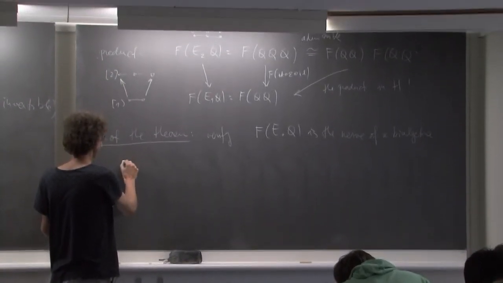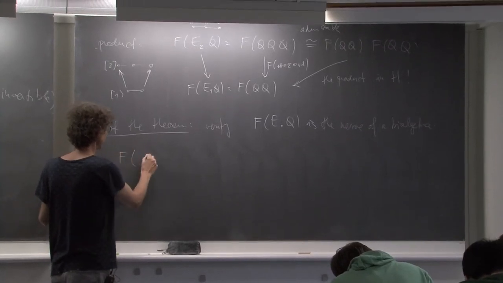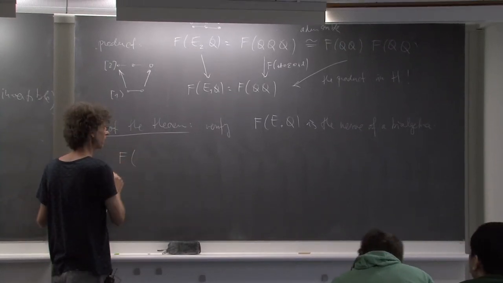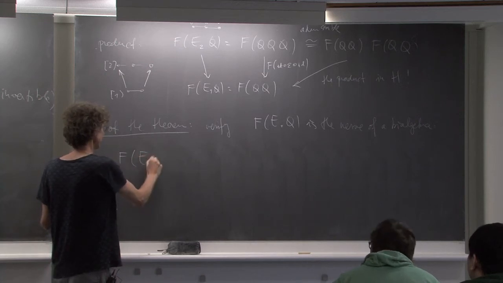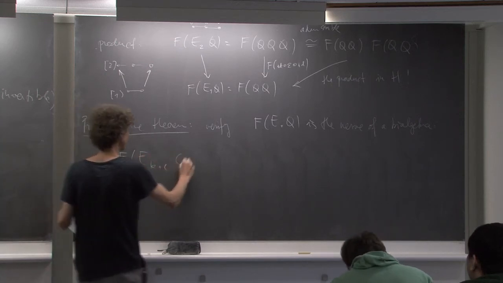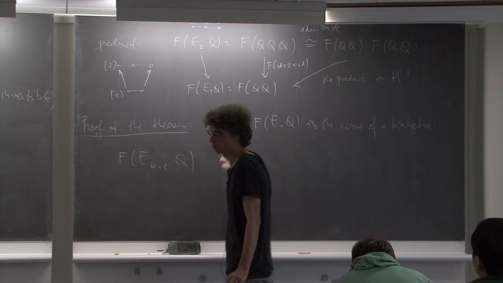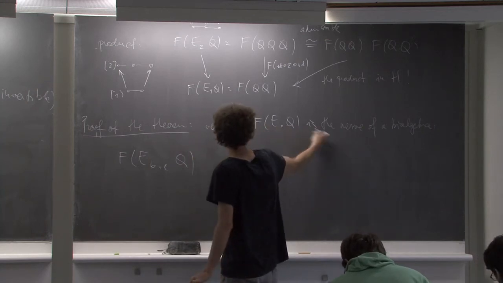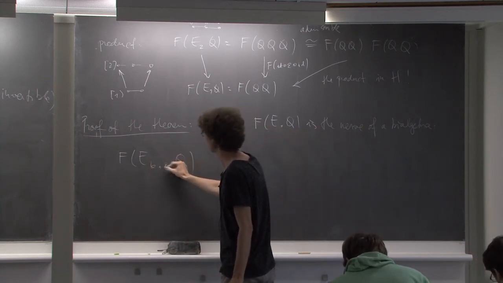So we take F of E k plus L Q. We know this recognition proposition which says how to do it. So we just take a thing like this.